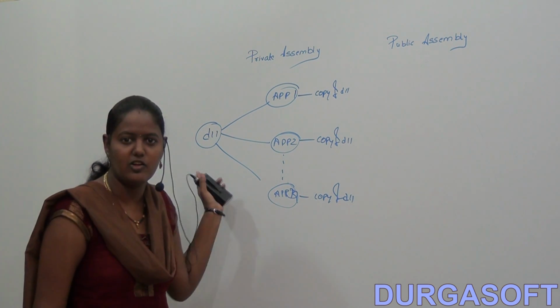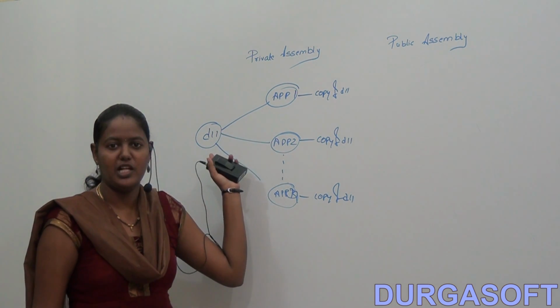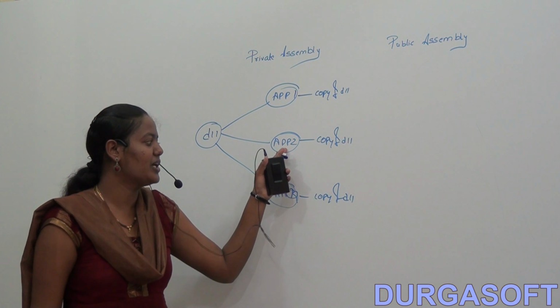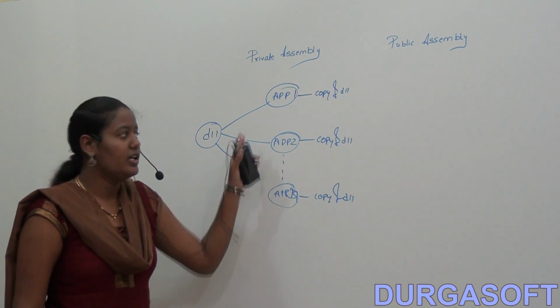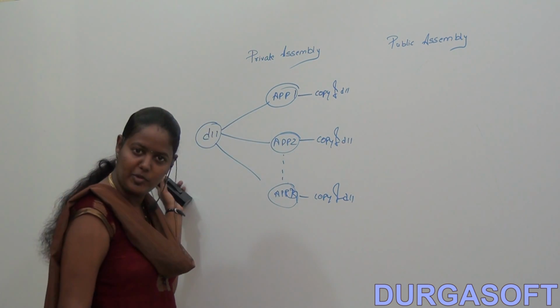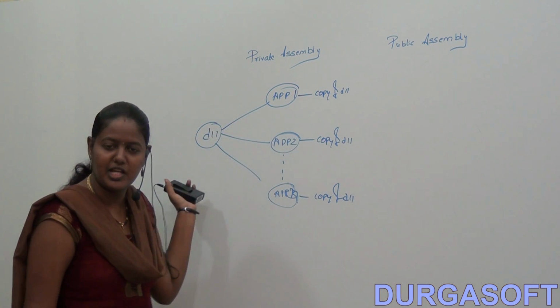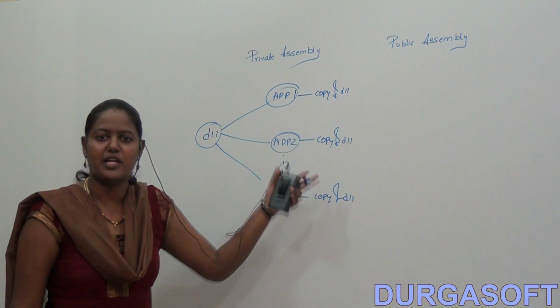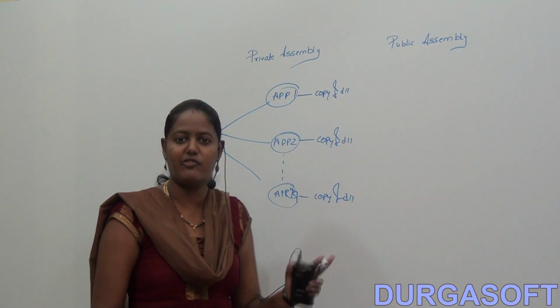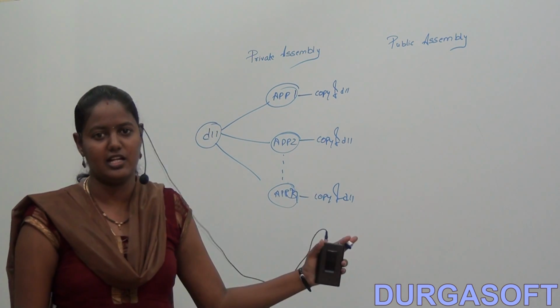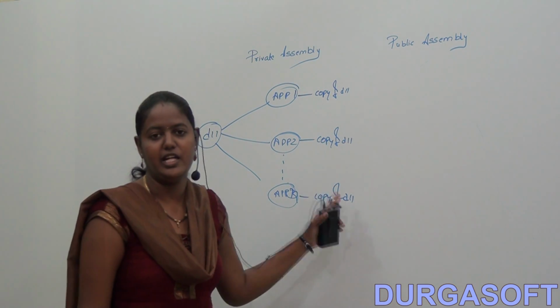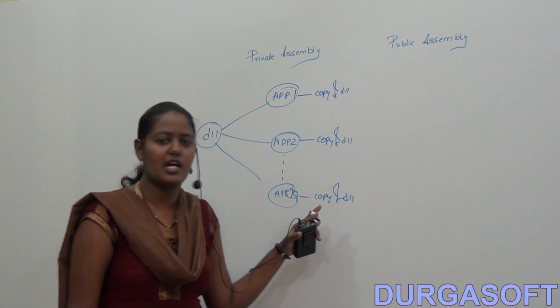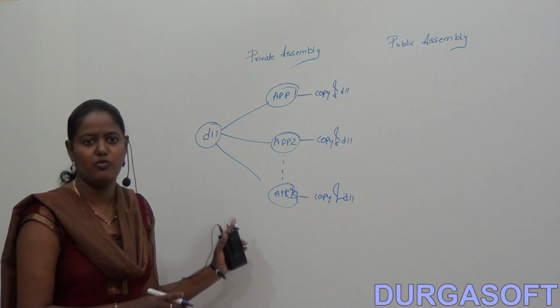This DLL file you are going to use in multiple applications, in application 1, application 2 and so on. So in application 1 a copy of the DLL will be generated, and in application 2 also a copy of the DLL will be generated, so in however many applications you use it, in each and every application a copy of the DLL is going to be generated in the private assembly, and the location of this private assembly is its own folder.